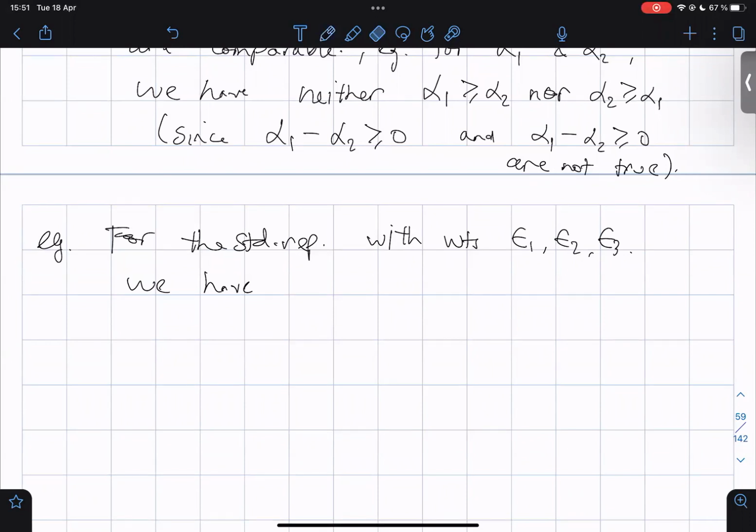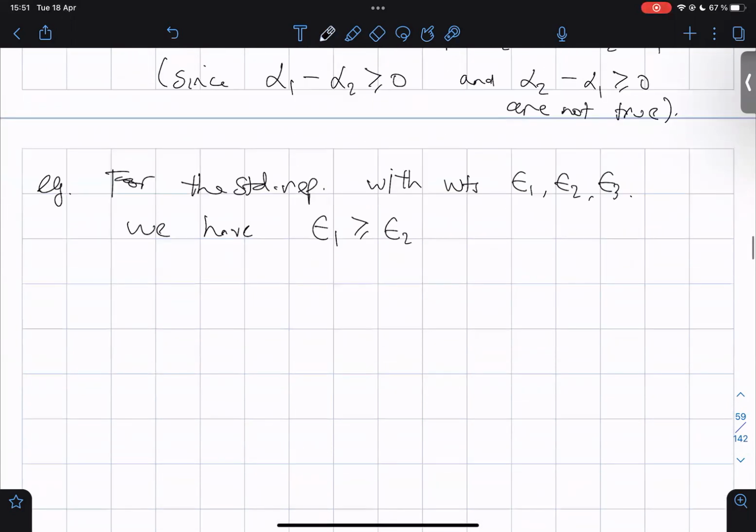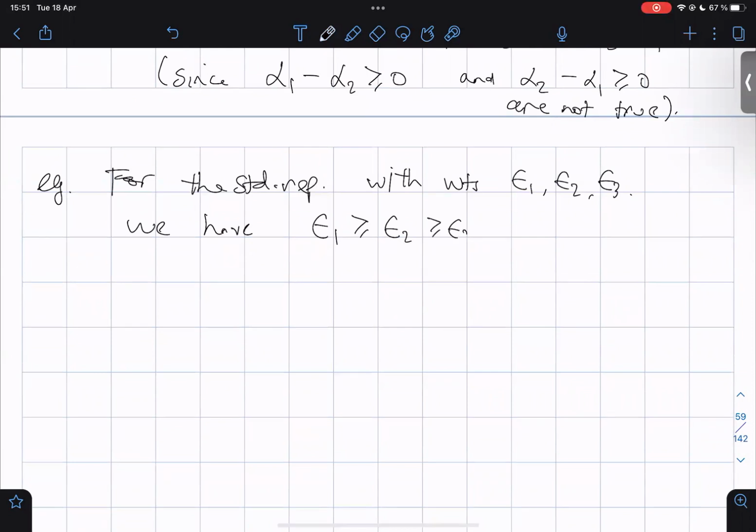For the standard representation with weights epsilon 1, epsilon 2, epsilon 3, here we can now use this partial ordering. We can say that epsilon 1 is greater than or equal to epsilon 2 is greater than or equal to epsilon 3.